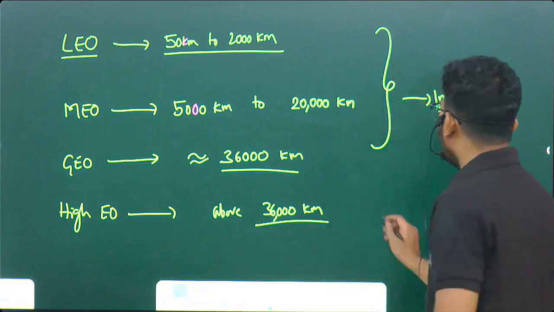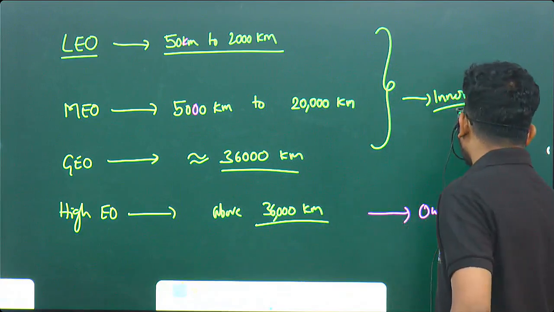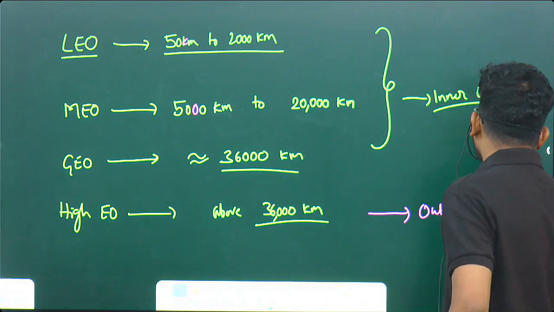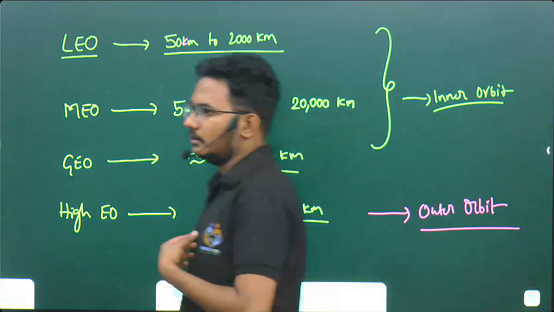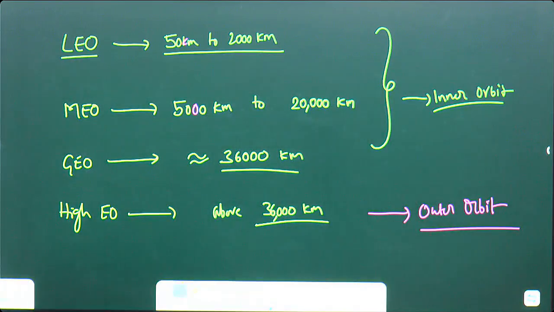So this is the outer orbit. Today I am going very slow because these are conceptual things. Trust me, if you can understand this class, then space technology will be a piece of cake for you.